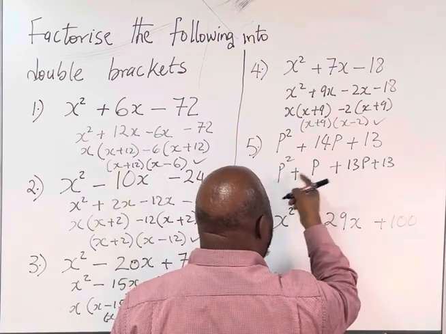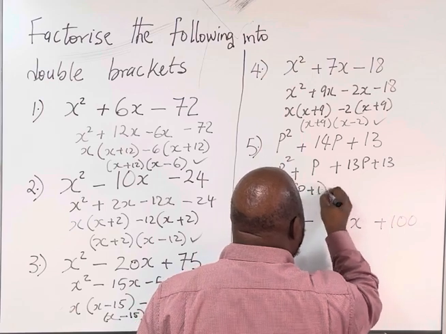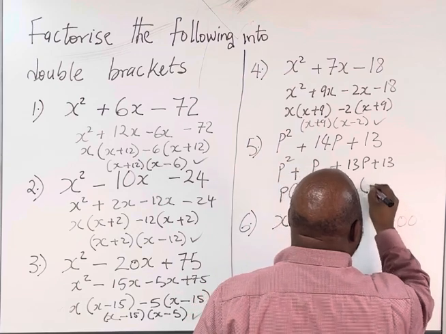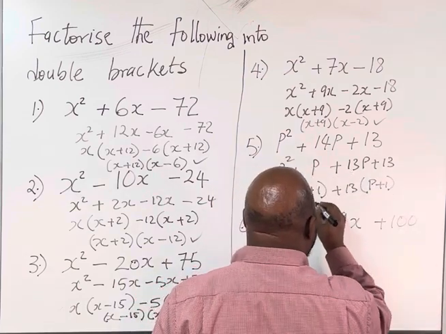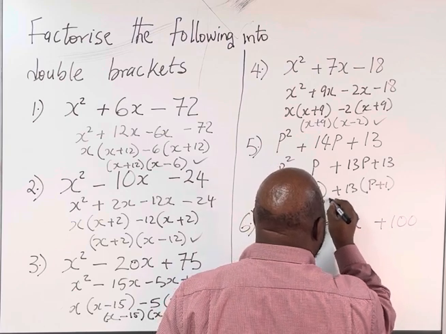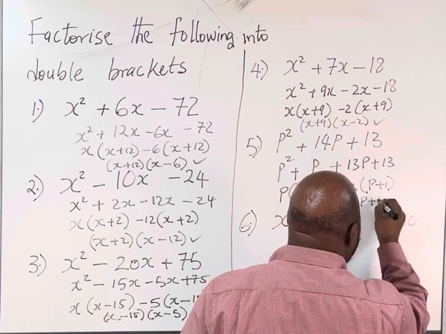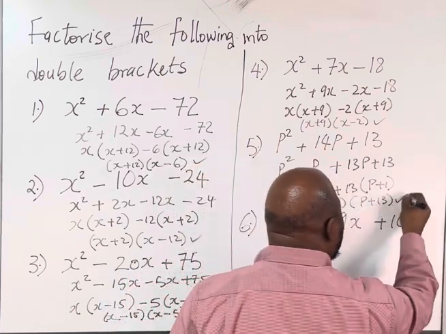Factorizing out p, you have p plus 1, and factorizing out 13, we have p plus 1. Your two values are (p plus 1)(p plus 13). This is also correct.